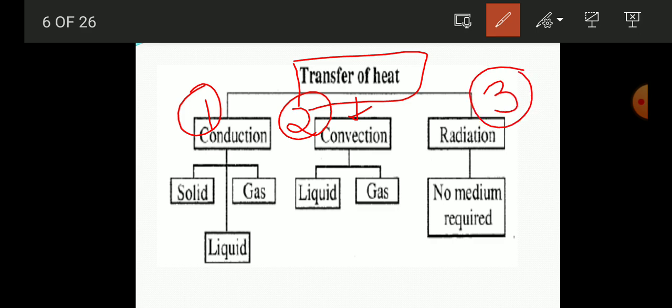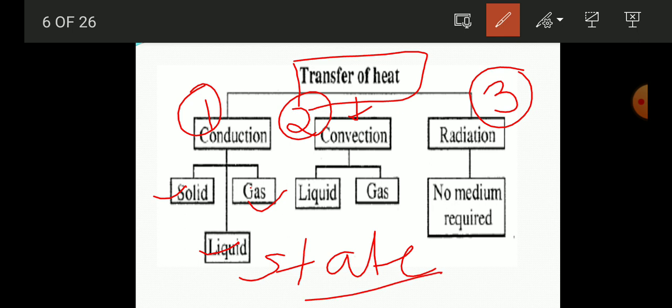Students, conduction happens in solids, liquids and gases, in all the states. Convection, as I have told you, happens in the molecules of gases and liquids only. It is the heat transfer between liquid molecules or gaseous molecules, so it is possible in liquids and gases only, not solids.